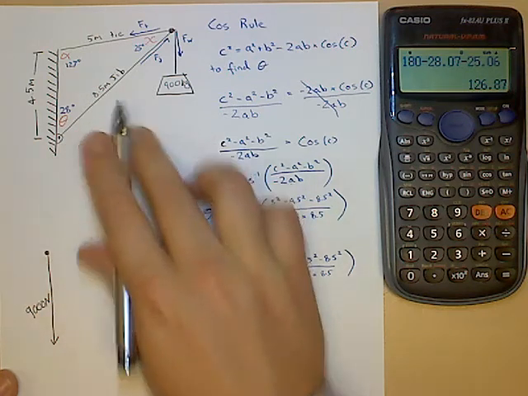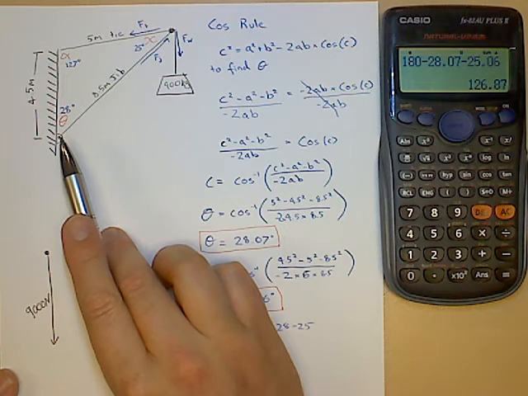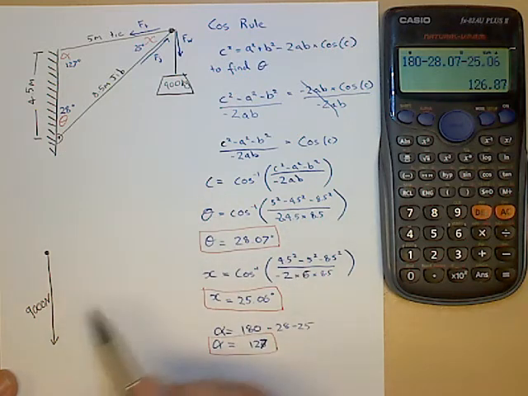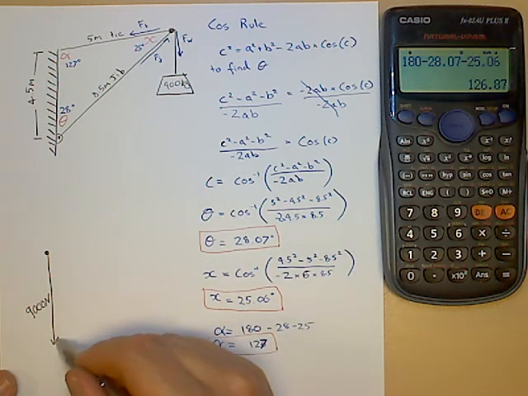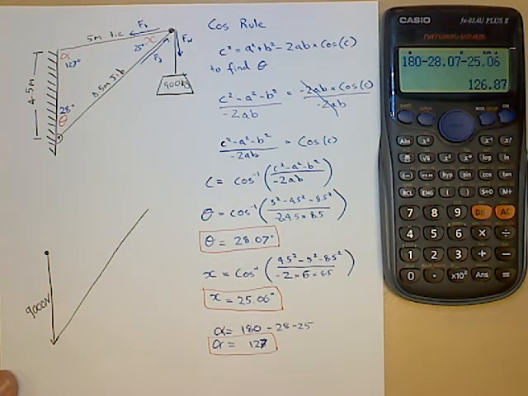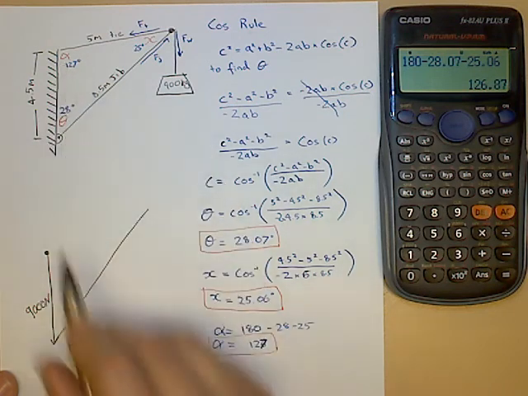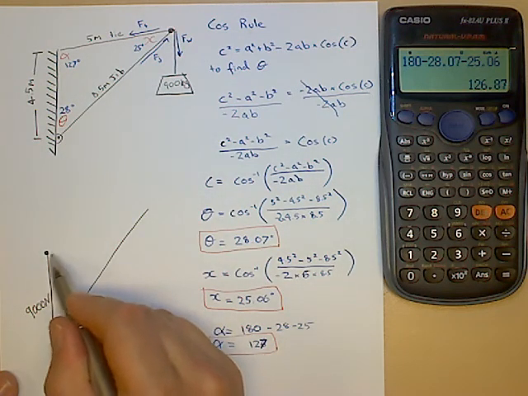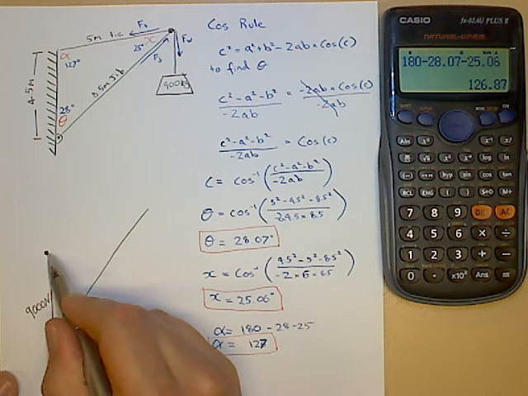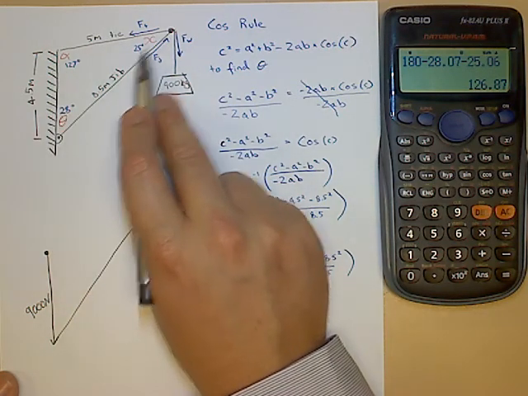The force is going to be going up at the same angle that the jib is going up. Okay, so we're going to go up at 28 degrees, and we don't know how big that force is yet. And then with our alpha is going to be the same, 127. And it's coming back. We'll use that.